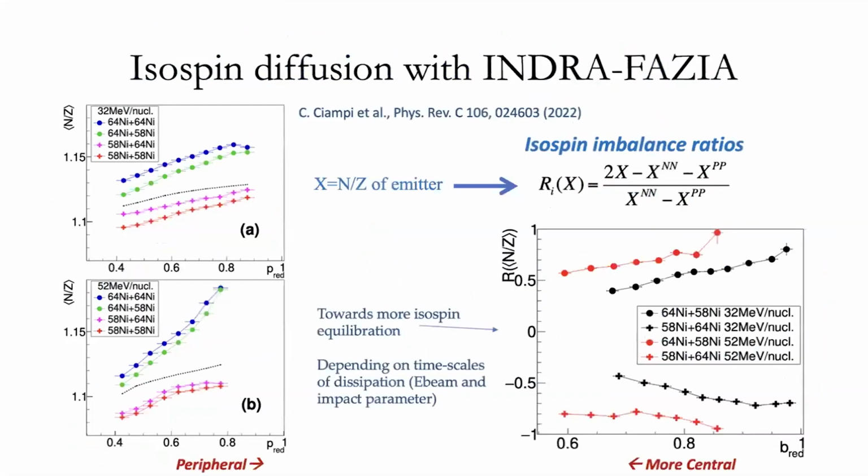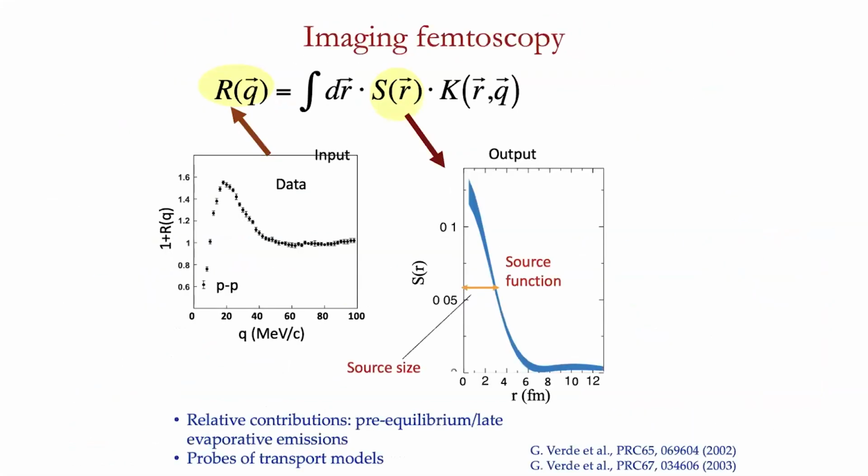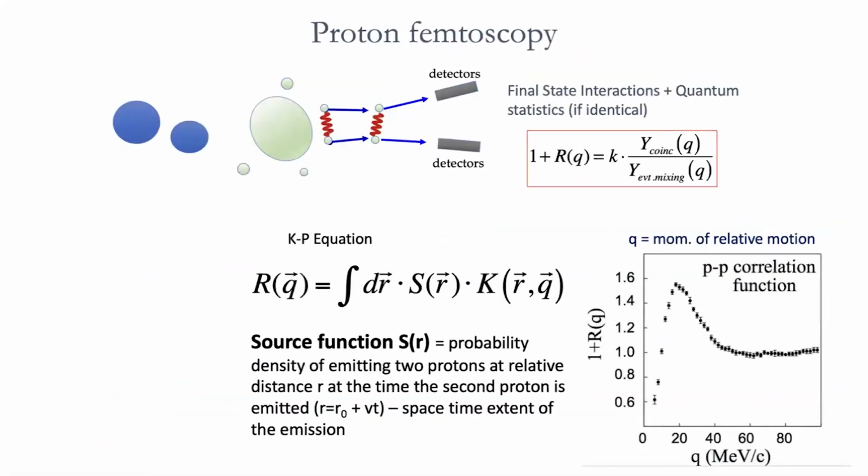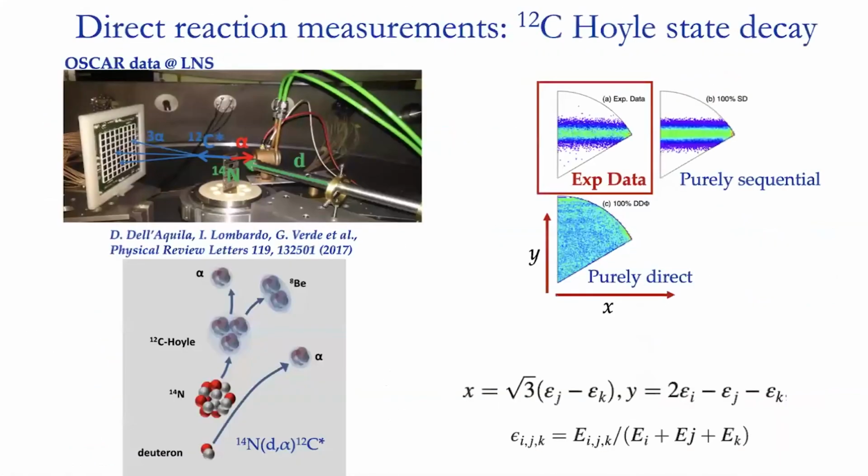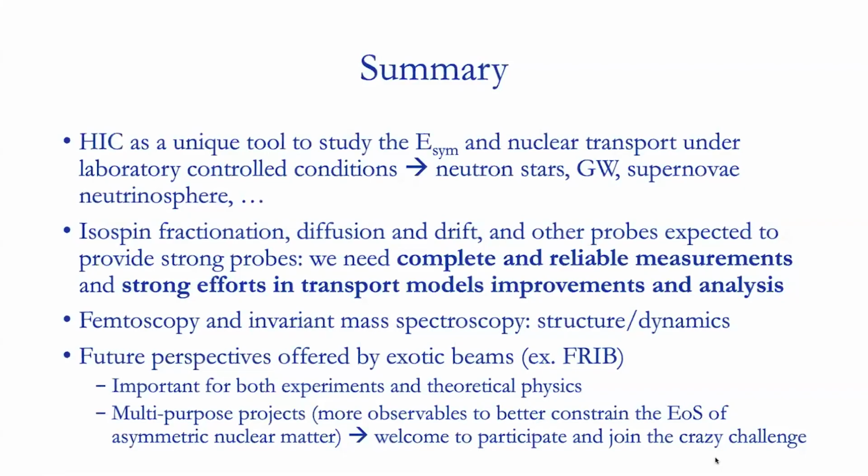So if we do experiments at FRIB energies... Basically, this region between 100 and 300 MeV per nucleon is a region where you can explore up to 2.5. And indeed, in the transport models, if you plot the density as a function of time, you see that the system spends quite a lot of time, like 50 fm/c, around 2.5 saturation density.